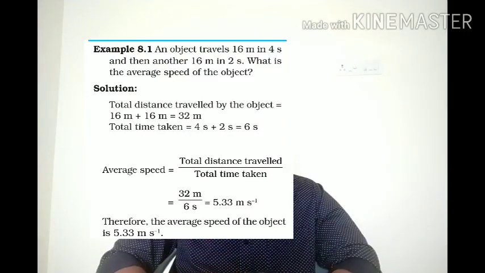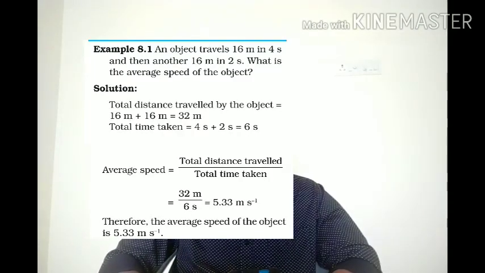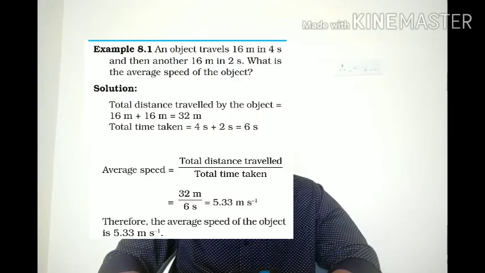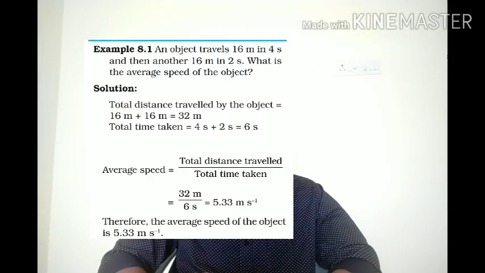How do we find average speed? First, we find the total distance. First we traveled 16 meter, after that again 16 meter, so total distance is 16 plus 16, 32 meter. How much was the time taken? First we travelled for 4 seconds, next for 2 seconds, so total time was 4 plus 2, 6 seconds.